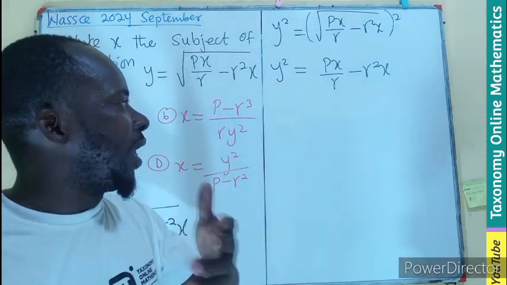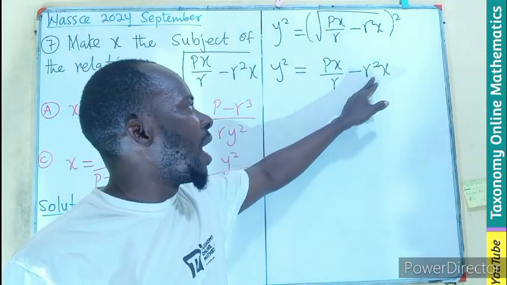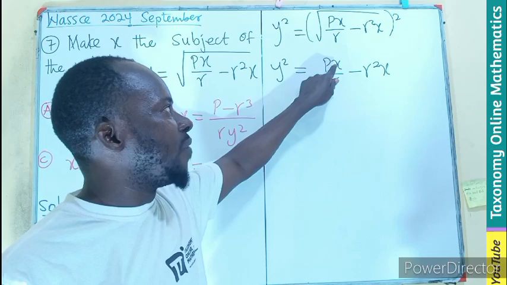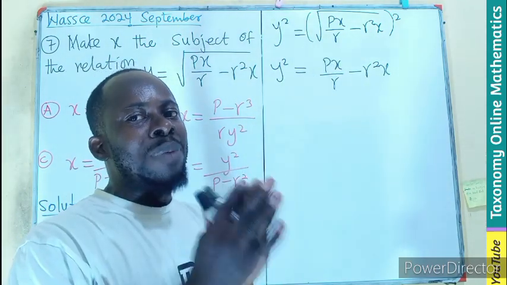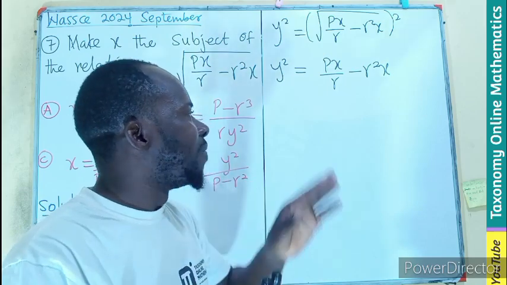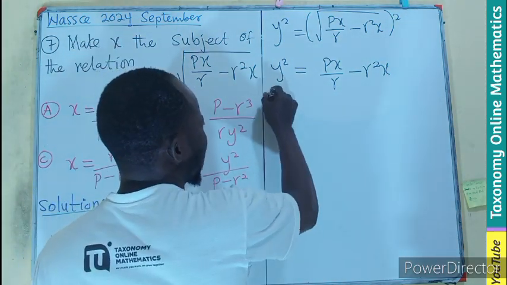All right, in this you'll be thinking of sending the r squared x to the other side, but because we are having the y and the x, we need to group that x at one part so that we can factorize. So the next step to do is to multiply through by r.